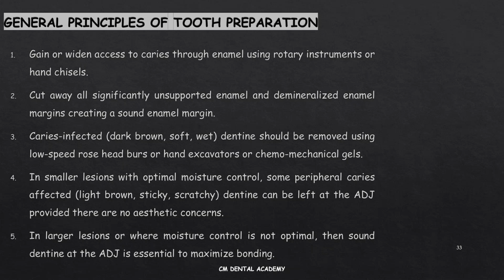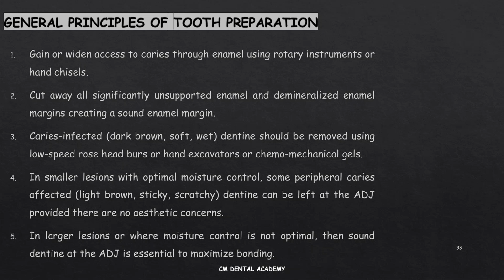General principles of tooth preparation: gain or widen the access to the caries through enamel using rotary instruments or hand chisels. Cut away all significantly unsupported enamel and demineralized enamel margins, creating a sound enamel margin. Caries infected dentine, which appears dark brown, black, soft or wet, should be removed using low-speed round head burs or hand excavators, or even chemomechanical gels.